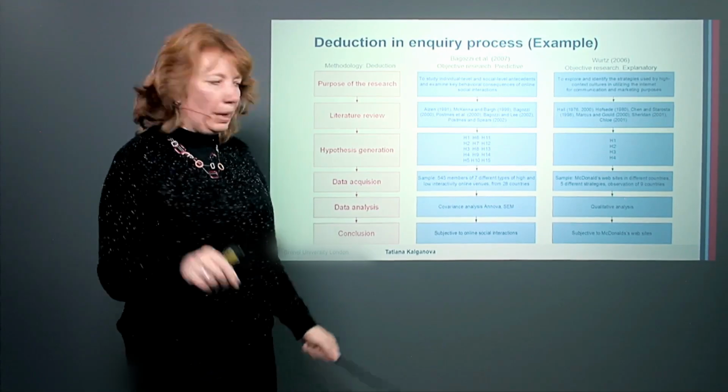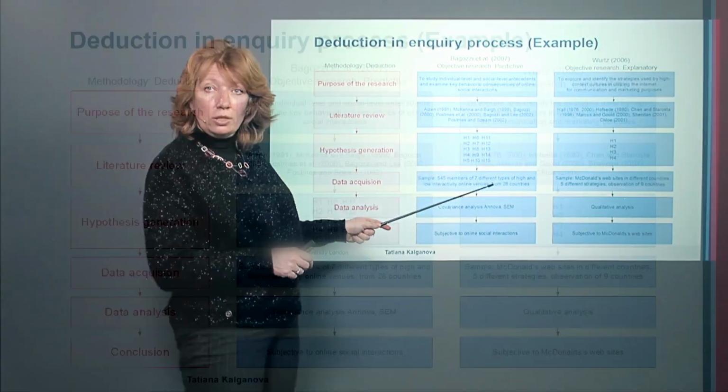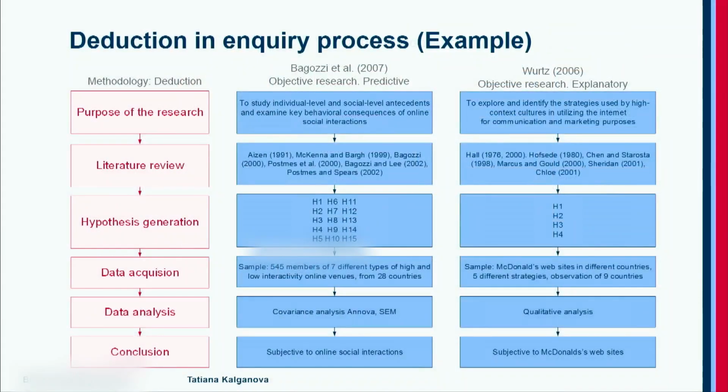Based on our research question, I generated a number of hypotheses. For this particular paper, we have 15 hypotheses, and we need to test all of them. In order to test all these hypotheses, we did data acquisition based on 547 members of 7 different types of high and low interactivity online venues from 28 countries.